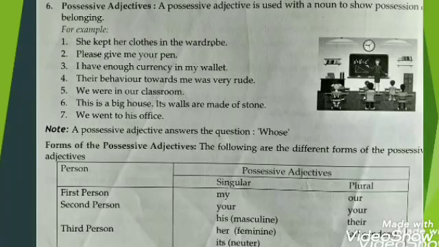His, her, its. All these 3 are used when it is singular, and when it is plural we can use the word their. His is used for male, it is masculine gender, and her for females, and its is used for neuter.